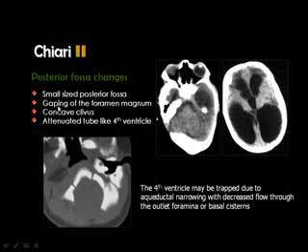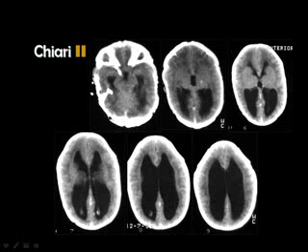Number 2, you get gapping of the edges of the foramen magnum to accommodate the descent of the cerebellar structures. Then you also have a concave clivus, for the same reason. And the fourth ventricle may be totally attenuated, so you cannot see it, or may be stretched and tube-like, and this can be seen in the sagittal images of MRI.